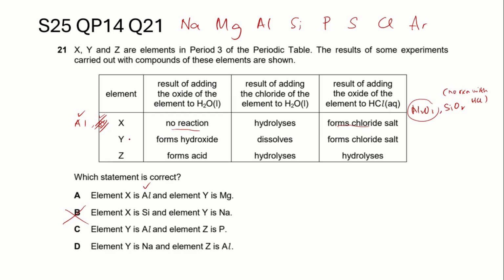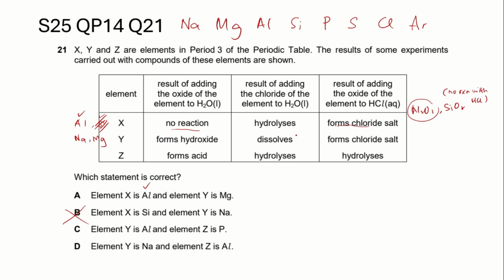The oxide of Y will form hydroxide with water. So from all these period 3 elements, only the oxides of the group 1 and group 2 elements will form hydroxide with water. So for now, Y can be sodium or magnesium from result number 1. Now second result, the chloride of these elements added to water is dissolved.